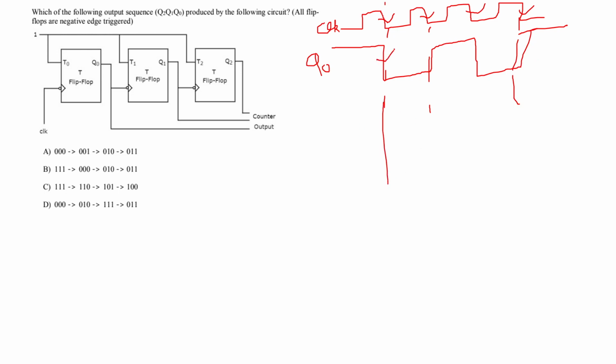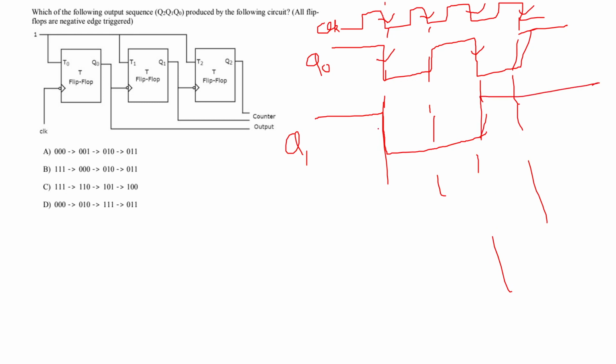Now I'll mark the negative edges of this thing. q1, if we start from 1, it will go down here. If we start from 1 here, it will go up here, and then it will continue. So this is a negative edge, and this is q2. So q2 will be here, and it will remain as 0.